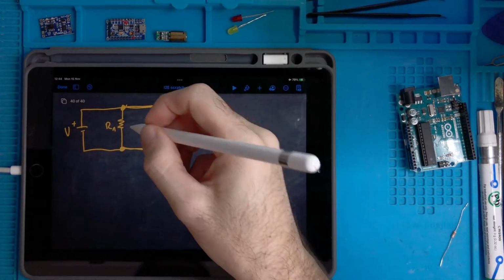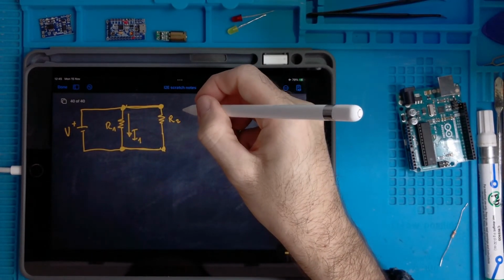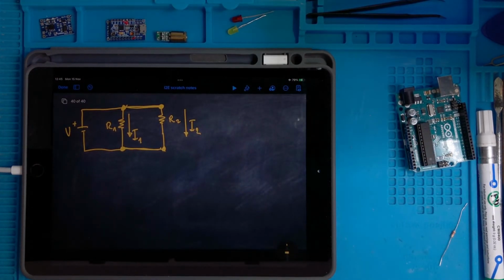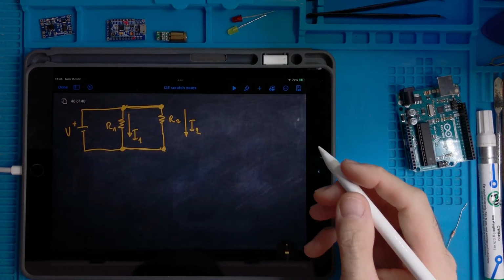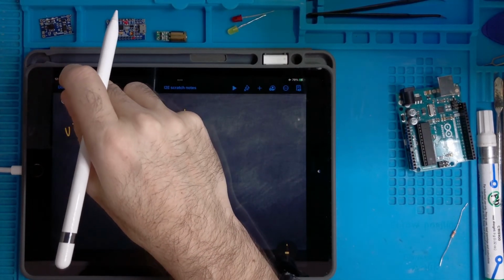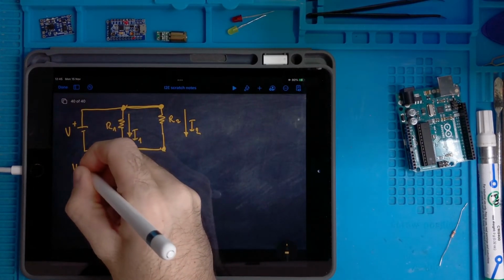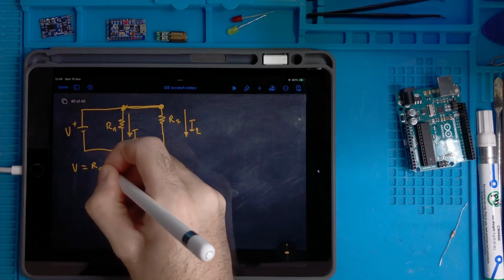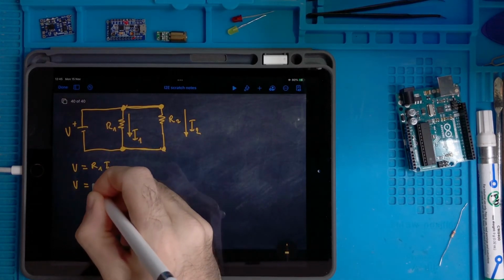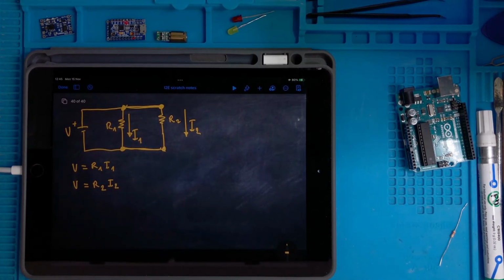So there is a current I1 and a different current I2 flowing in those two branches, but by making use of the Ohm's law I can write that V equals R1 I1, but also V equals R2 I2.